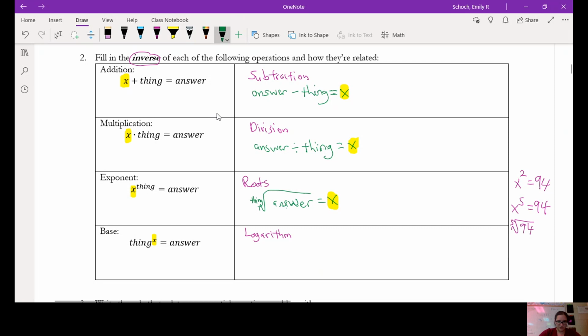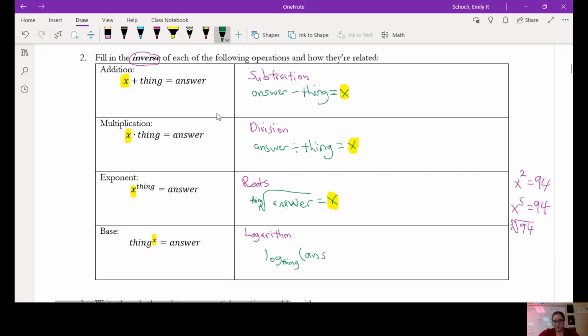The way that logarithms work is you write log, L-O-G, that's an L, base thing. Remember I said the big number of the exponential expression is the base. The way you write it is small, like you would write an exponent, but the base is small and below. So log base thing of the answer, right?